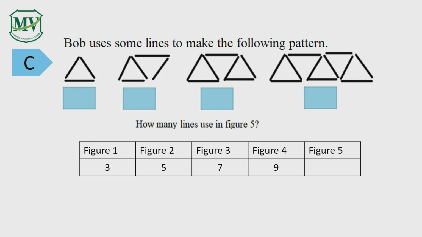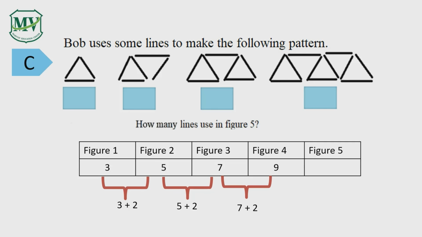3 going to 5, he adds 2. 3 plus 2 equals 5. 5 going to 7, he adds another 2. 5 plus 2 equals 7. 7 going to 9, he adds another 2. 7 plus 2 equals 9.